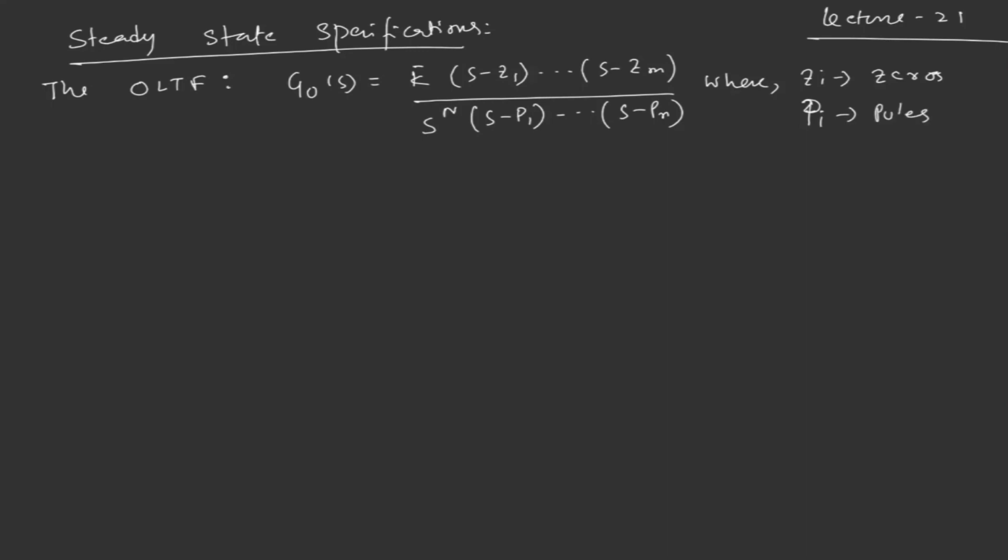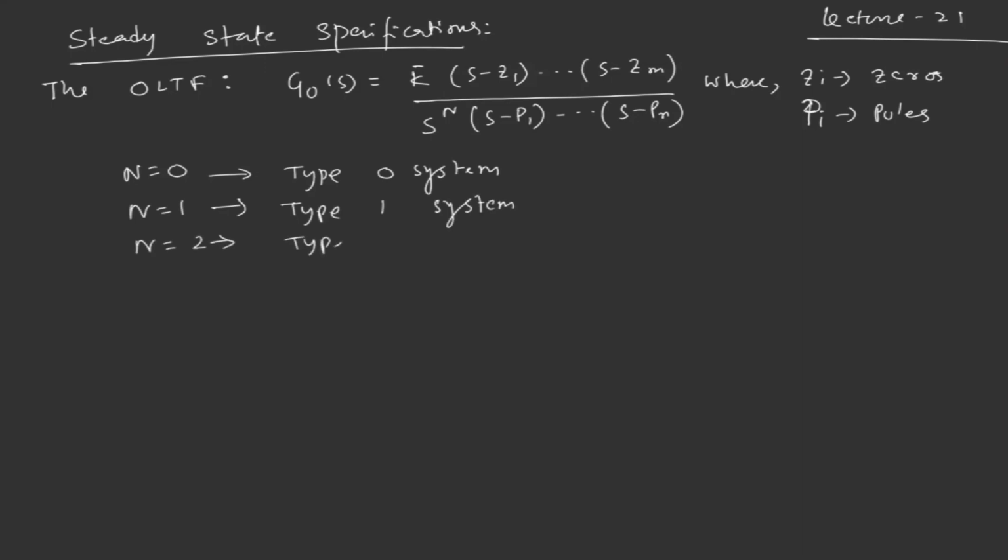Now we define when n equal to 0, this is a type 0 system, and when n equal to 1, type 1 system, n equal to 2, type 2 system.